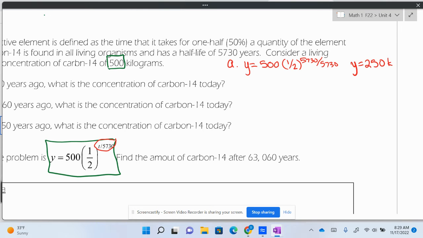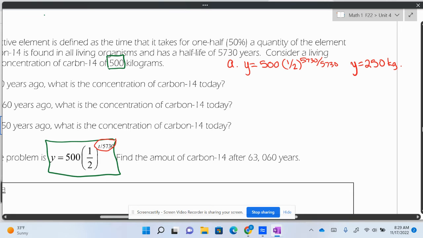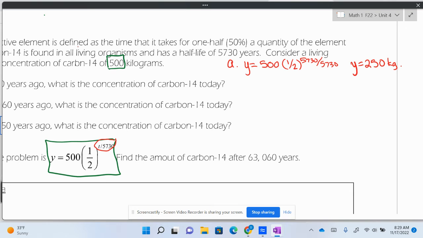250 kilograms. Okay. So the second question says if the organism lived 11,460 years ago. We're keeping the same setup, but replacing the T in the top of that fraction with 11,460. So y equals 500 times 1/2 to the 11,460 divided by 5,730.